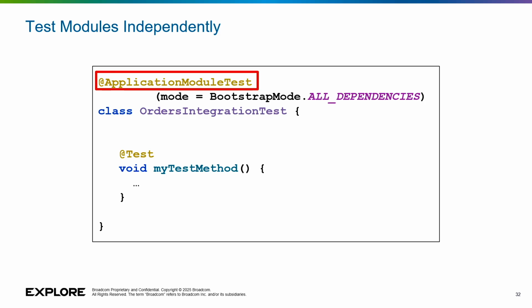But you're slicing the application horizontally in order to focus your tests, and save a little time. In this case, it allows you to slice the application vertically. If I only want to test the order module, but not the drinks module, I can do that. Or I can tell it, I want to test the order module, but please load the dependencies necessary so that these tests can execute, and it will do that automatically as well.